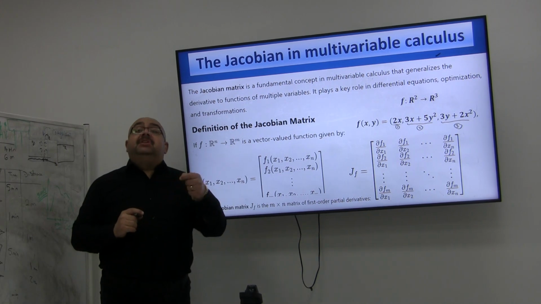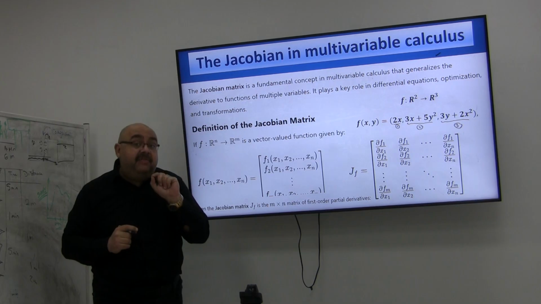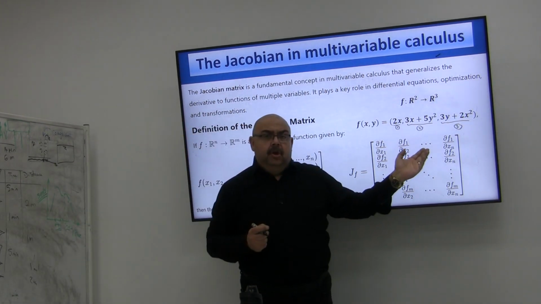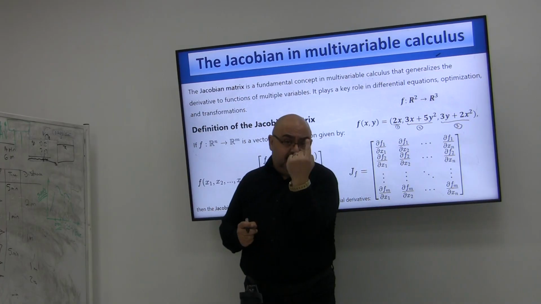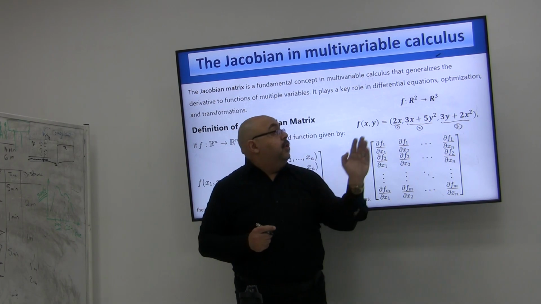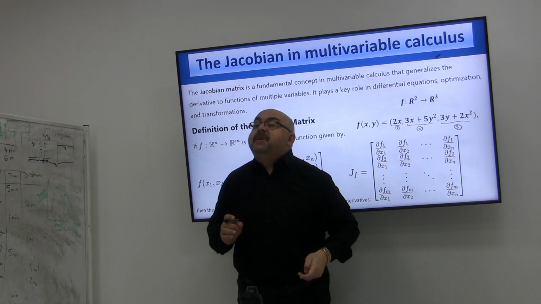When I try to get the first derivative, it's going to be really complicated because the output is not just one function. How many functions? 3 of them. So in order to get the first derivative, it's going to be a Jacobian.